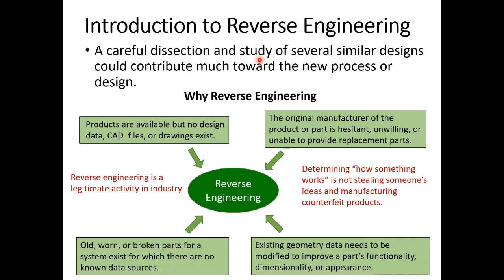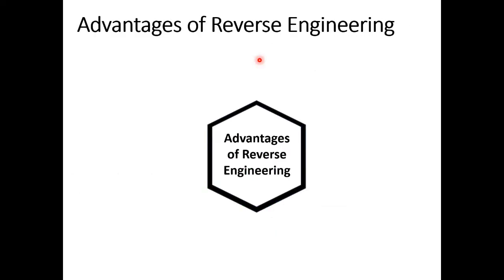But if you reverse engineer a product and get an idea about how the product works, and then with that knowledge you come up with something new, something better, that is what is required in product development. So that is why this process of reverse engineering is recognized as a legitimate activity in industry.